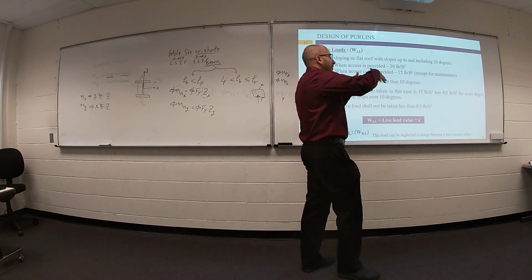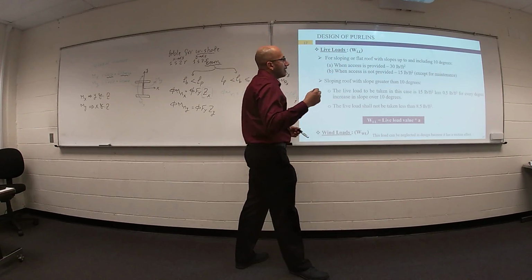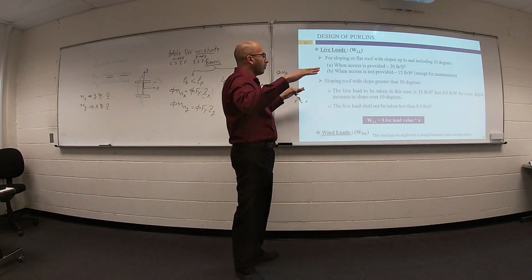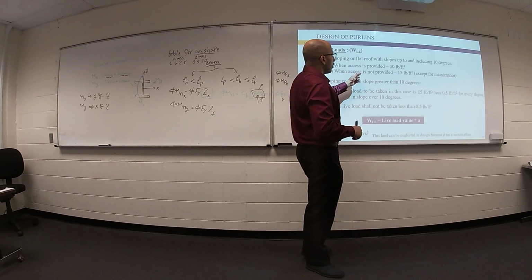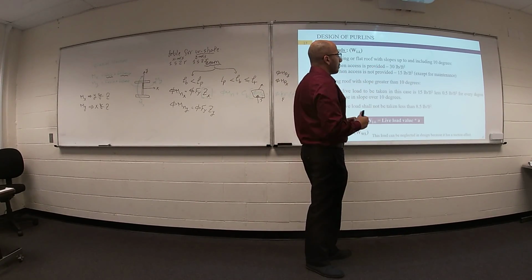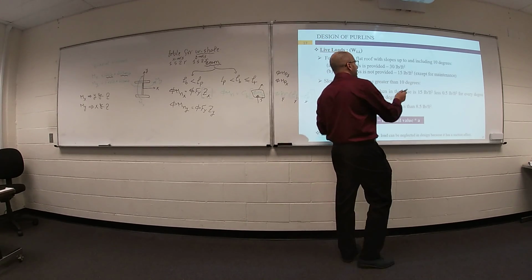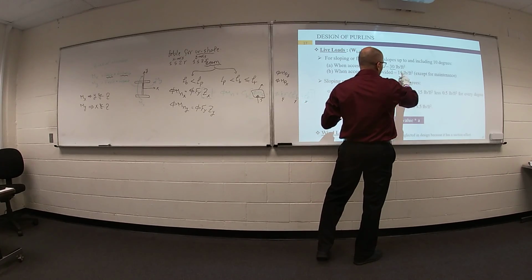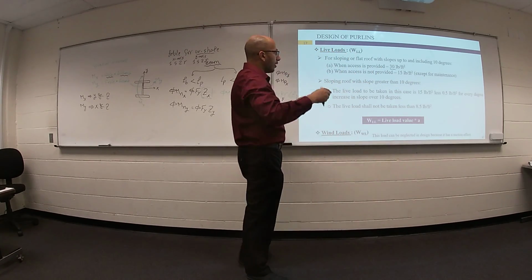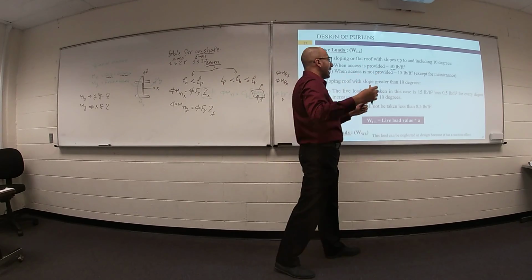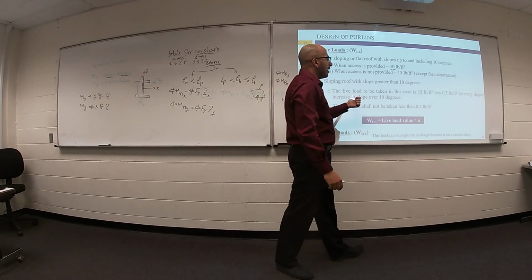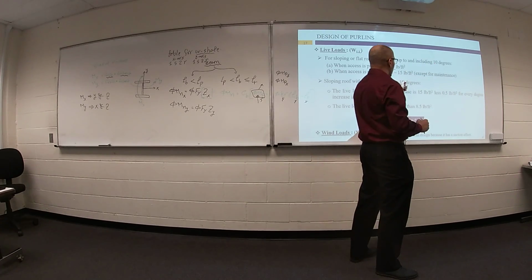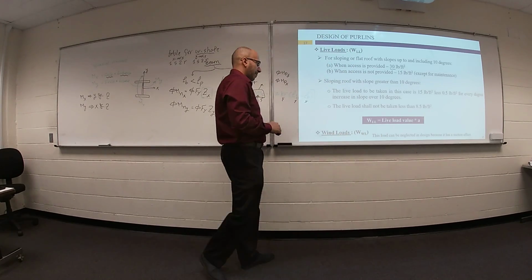If you have an inclined roof with angle equal to 10 degrees or less, also whether your roof is accessible or not accessible, based on all of these parameters, I can figure out the value of live load: 30 pounds per square foot, 15 pounds per square foot, or if the slope of the roof is greater than 10, your live load equals 15 minus 0.5 times each degree over 10 degrees.